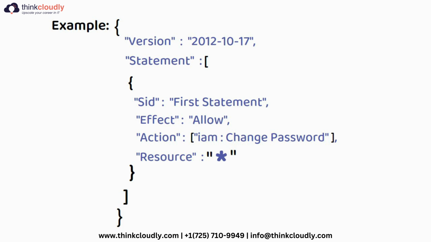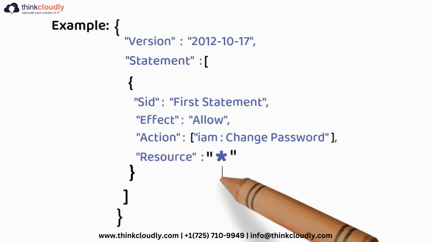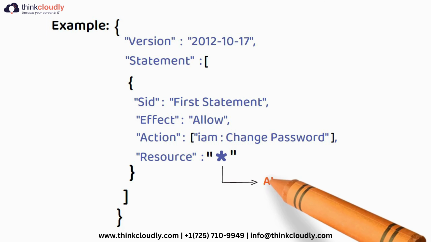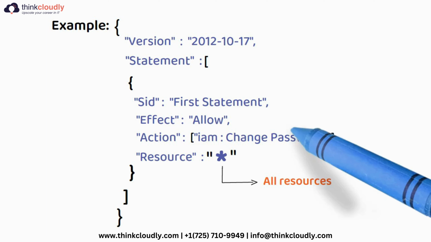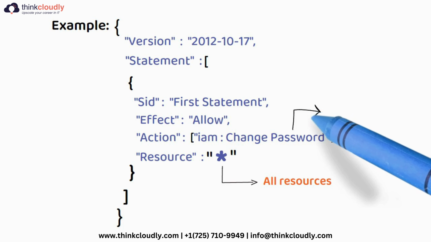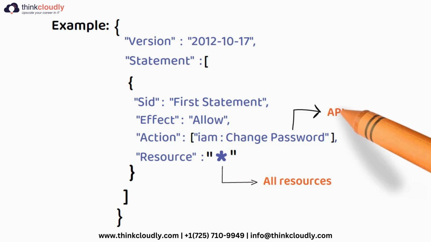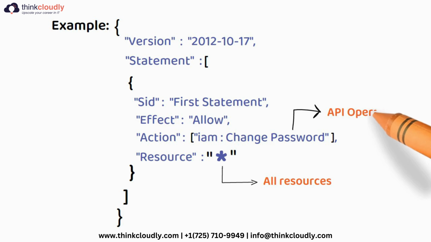So first of all, this represents all resources. Generally, in practice, it affects the command. Basically, this IAM change password is an API operation, an application programming interface operation.